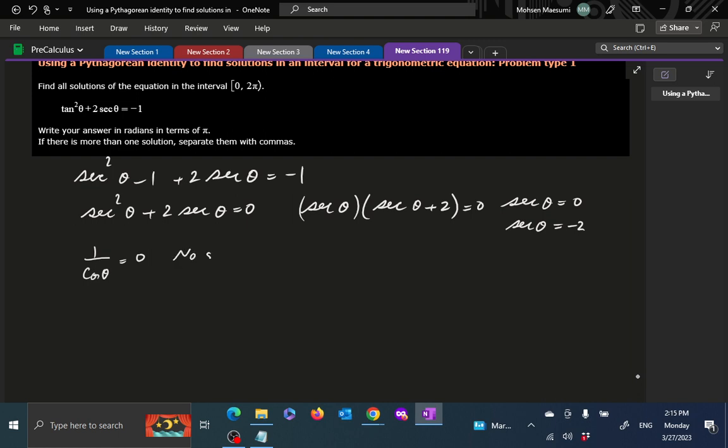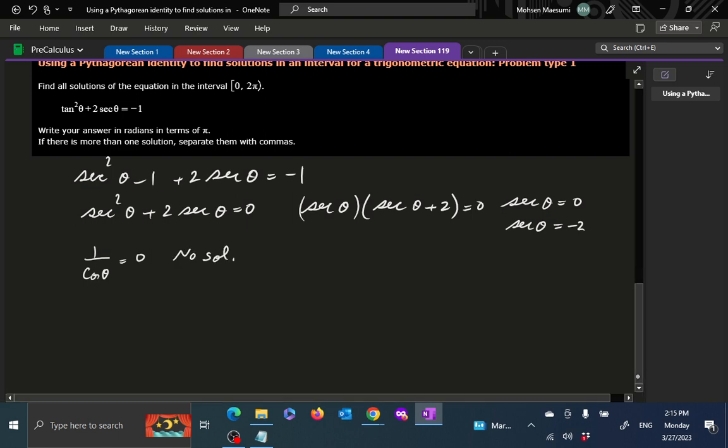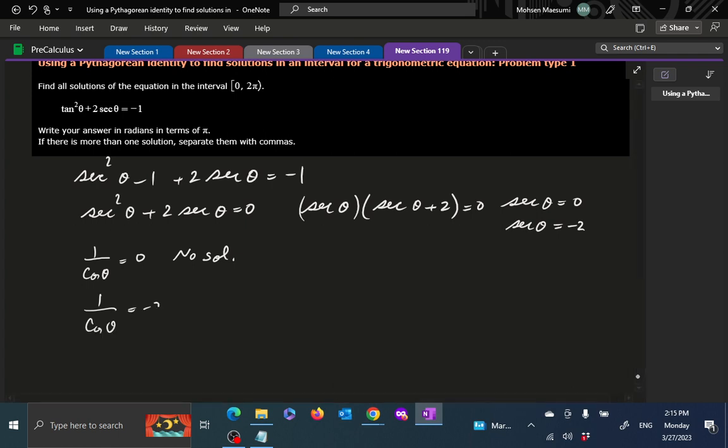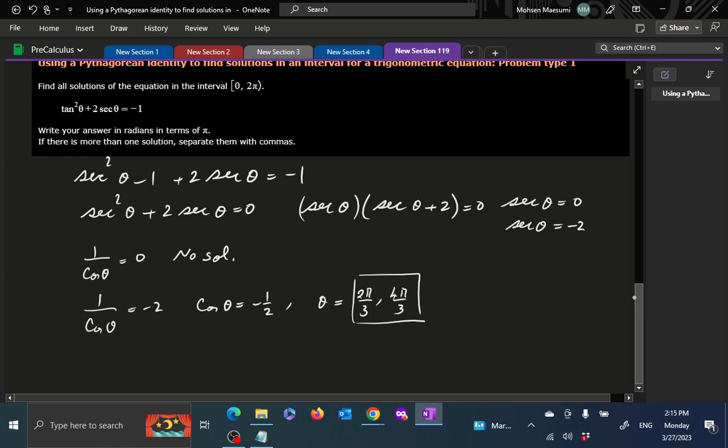So this one gives us no solution. The other one is 1 over cosine theta equal to minus 2, which tells you cosine of theta is minus 1/2. Cosine of 2 pi over 3 and 4 pi over 3 are the ones that will give us that value.